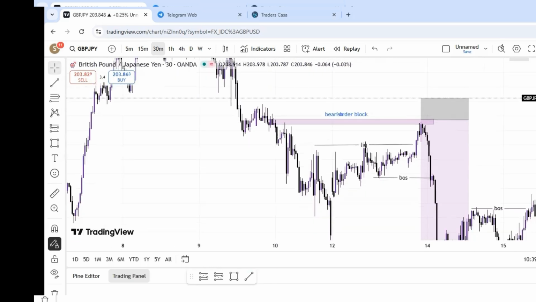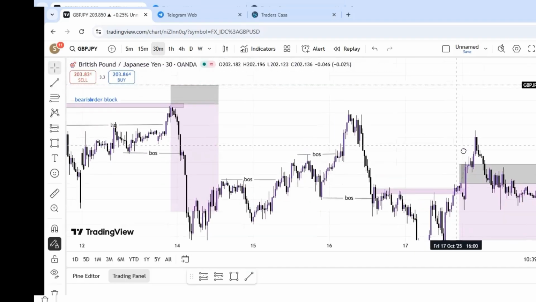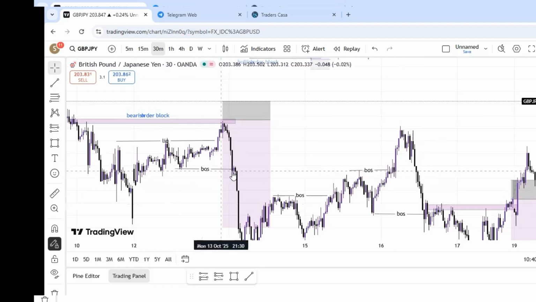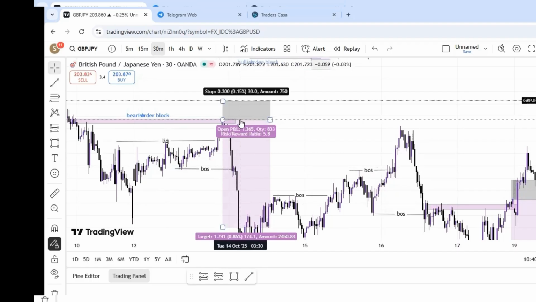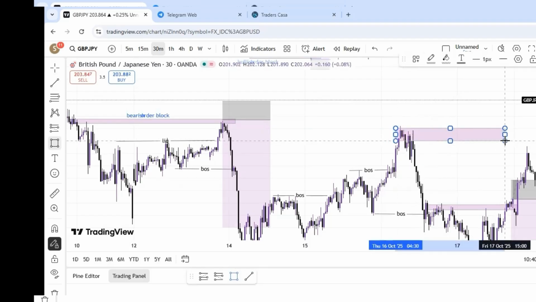I waited for another sell because buy broke a structure here. So definitely I was waiting for a sell either at this point that price broke from or this point, but eventually price came here, and that was how I entered it.